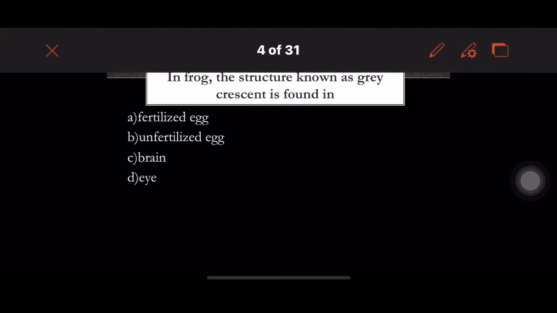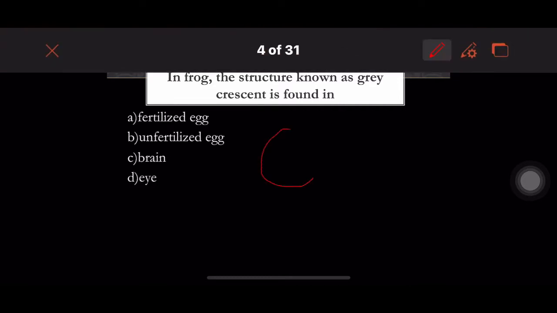In frog, the structure known as grey crescent is found in, options are A. fertilized egg, B. unfertilized egg, C. brain and D. eye. So first of all, let's understand what is grey crescent.